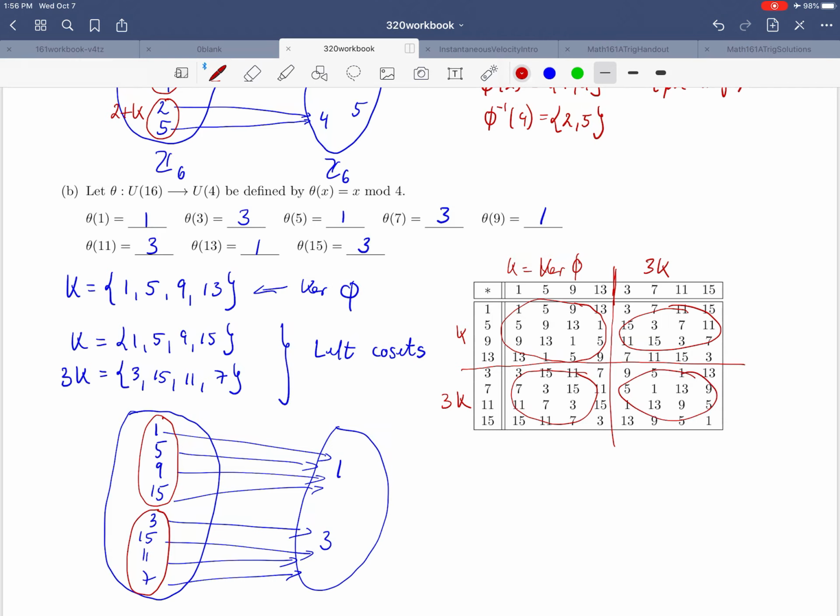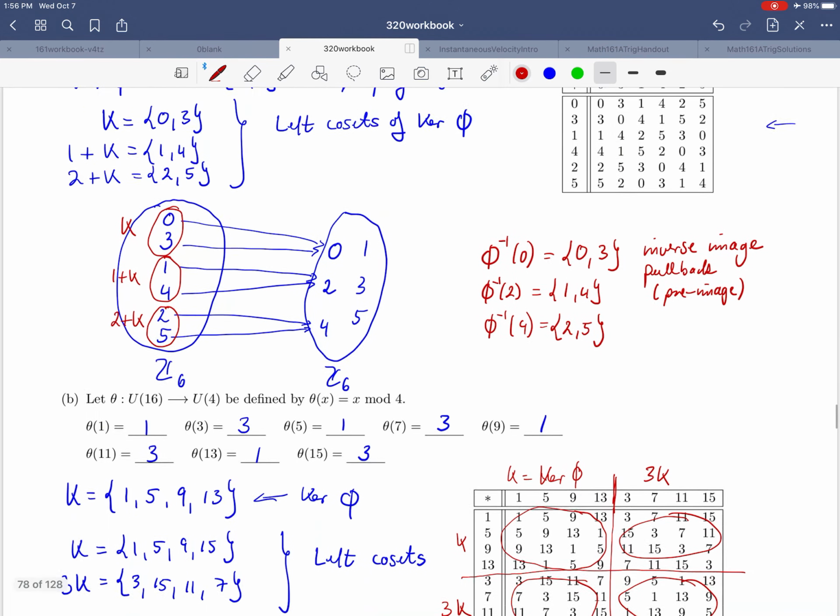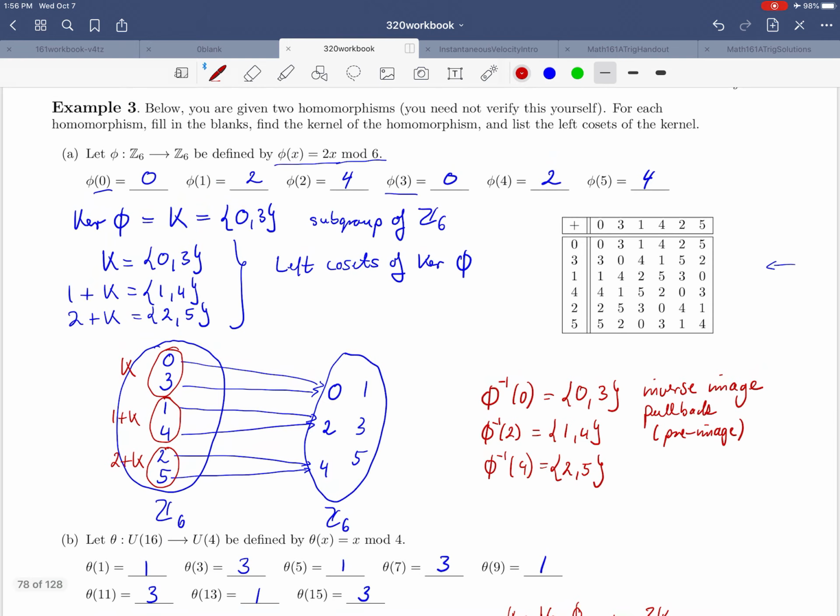So we have this structure that is kind of showing us a zoomed out version of what's going on when we're just looking at the cosets. And the same thing happened over here. We drew the Cayley table out also so that we have the elements ordered by cosets.